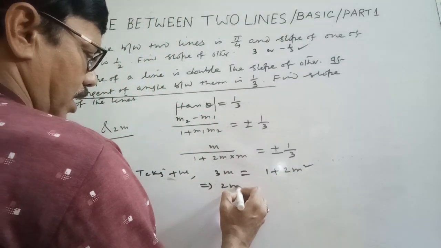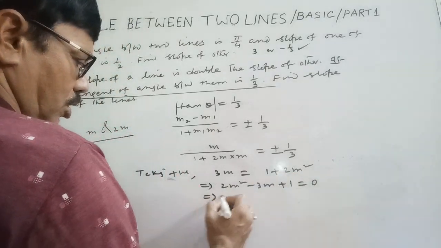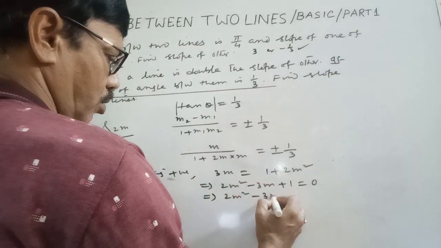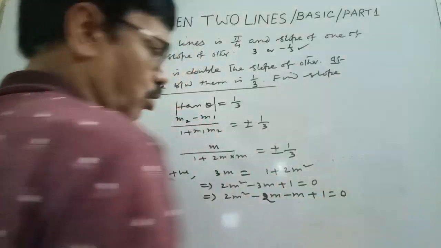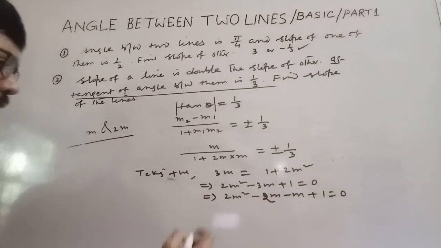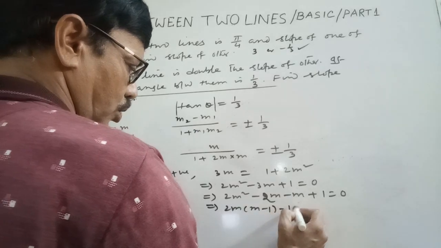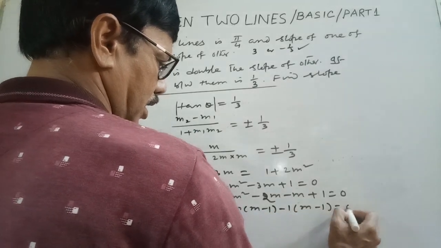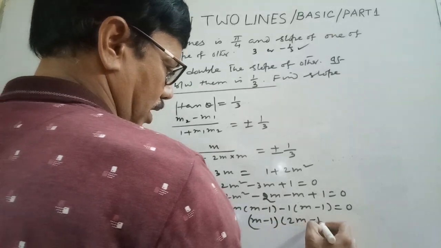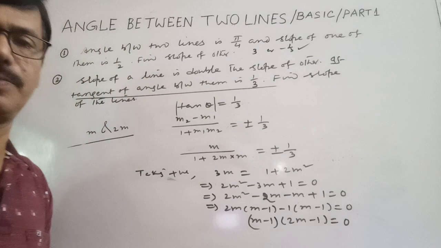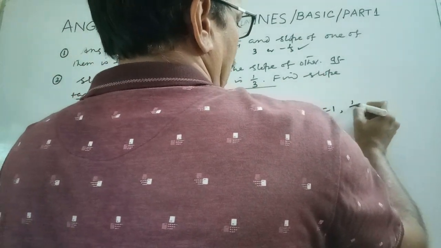So 2m square minus 3m plus 1 equals 0. So factorize it, it is a quadratic equation. 2m square minus 2m minus m plus 1 equals 0. Taking common, 2m into (m minus 1) minus 1 into (m minus 1) equals 0. So (m minus 1) and (2m minus 1) equals 0. So m equals 1 and half.